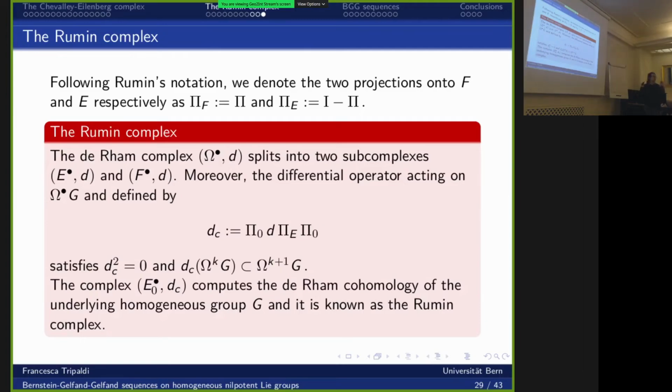So, long story short, we created a very weird pi E using a lot of operators in between, and I go from E0 to E0, and I compute the de Rham cohomology. So this is Rumin's construction.